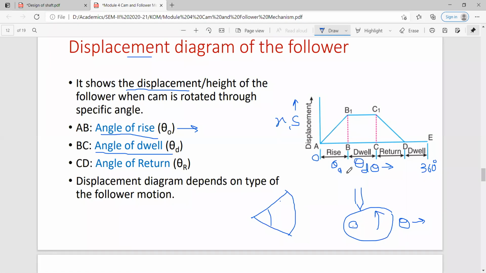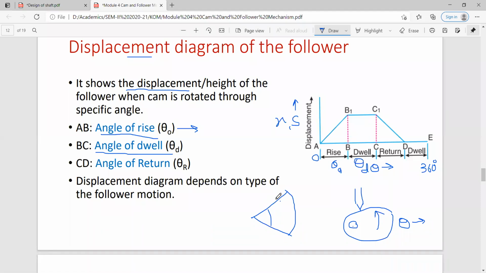In the angle of dwell, if it is at the highest position, it will remain at the highest position though the cam is rotating. Similarly, if the follower is at the lowest position, it will remain at the lowest position during the dwell period. So during the dwell period, the radius of the cam does not change.